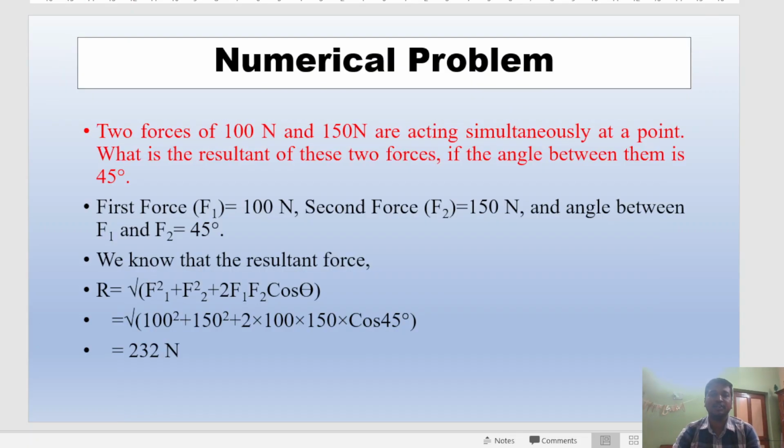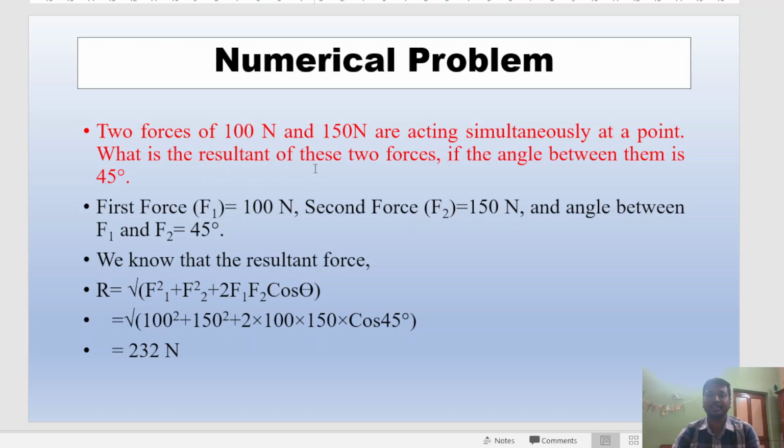Let's take a numerical problem using the parallelogram law. Two forces of 100 Newton and 150 Newton are acting simultaneously at a point. That is, one force is P and another force is Q acting simultaneously at a point.